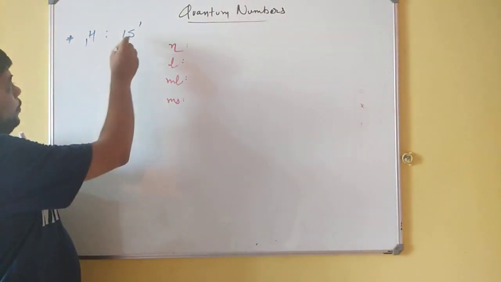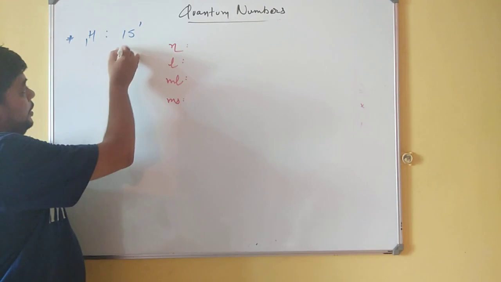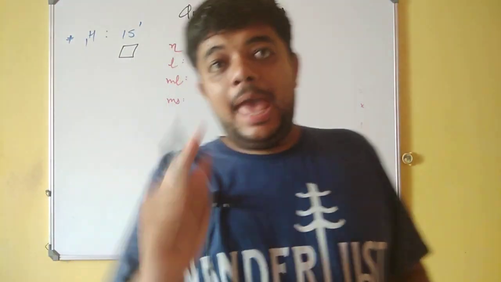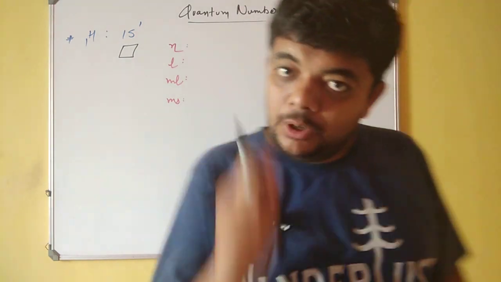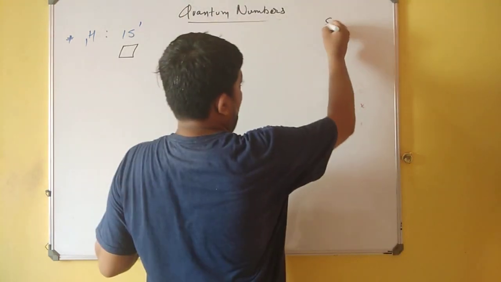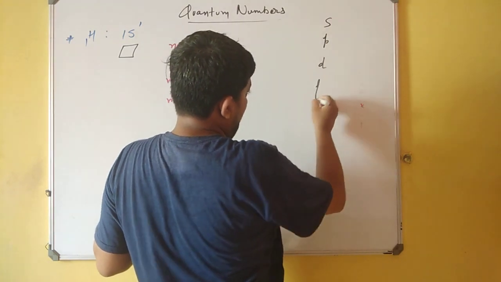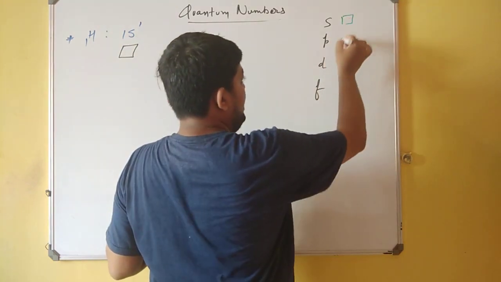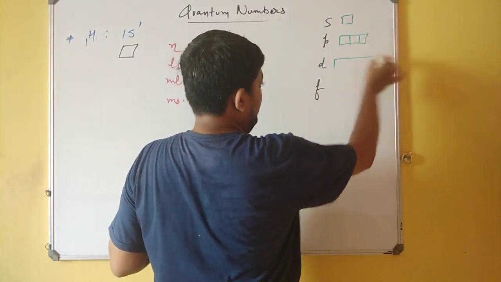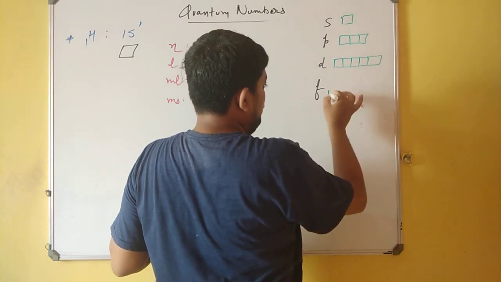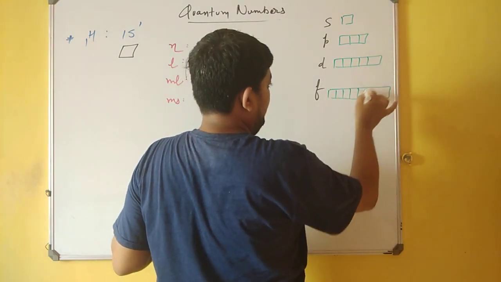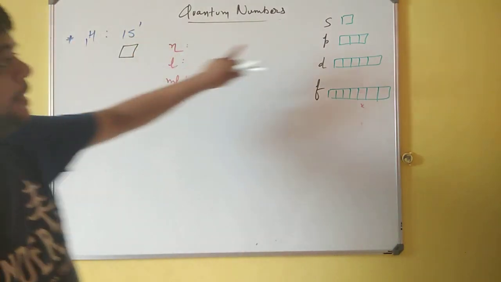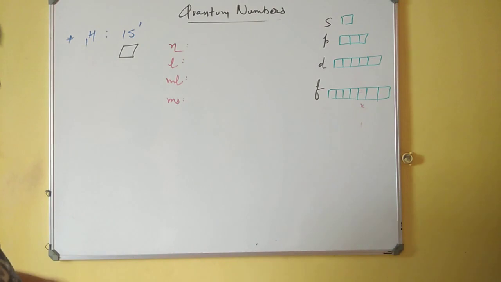So when we write 1s1, we should always draw one square indicating an orbital, because we know that for s, p, d and f suborbits there are respectively 1, 3, 5 and 7 orbitals. So as it was s over here, I have just made one orbital.